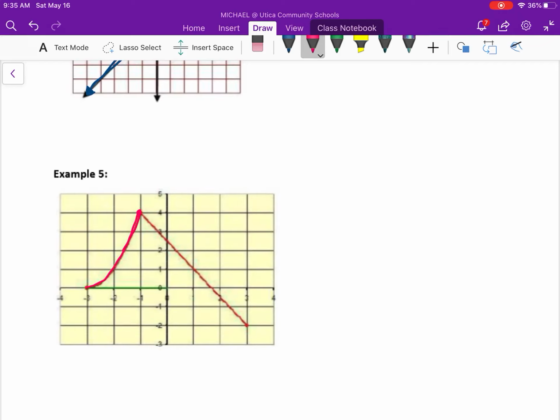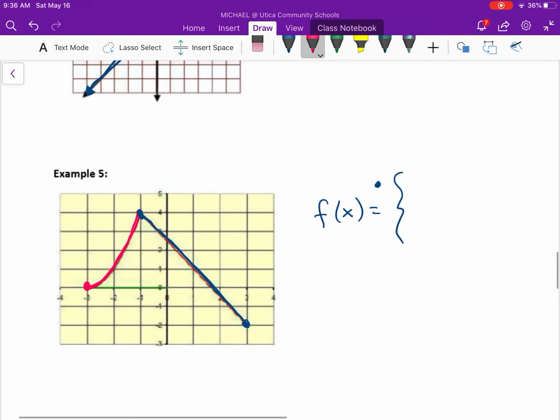Example 5, we have two parts here. We have this pink part right here, and then we have this blue part that goes right there. And again, the points match up, so it does not matter which one we give it to. So we have two functions. All right, let's go blue on top, pink there.